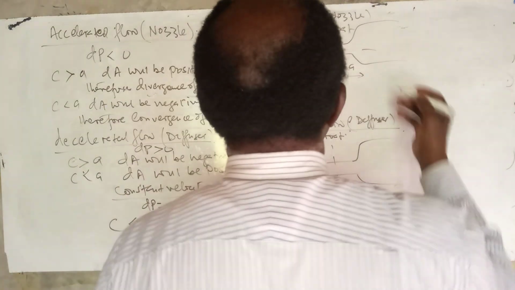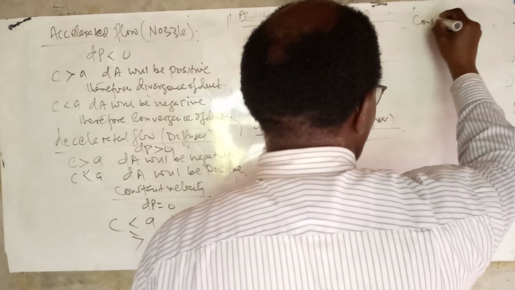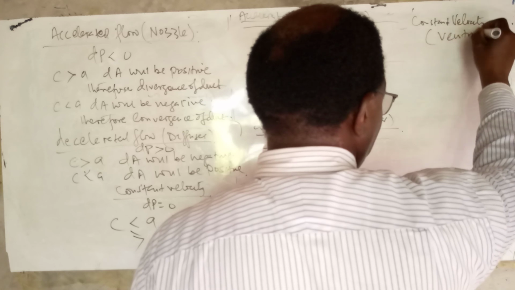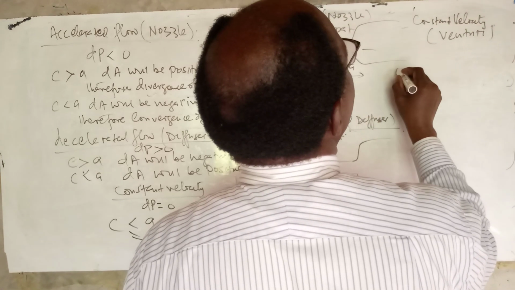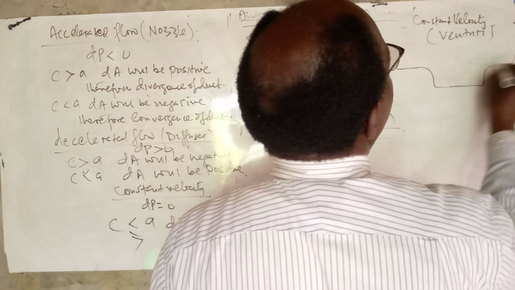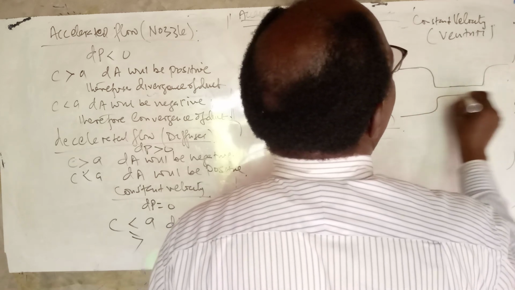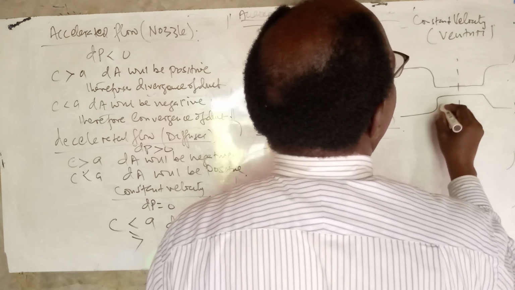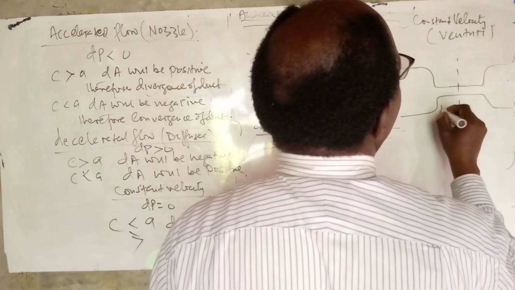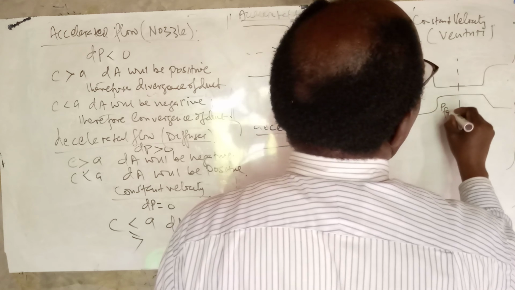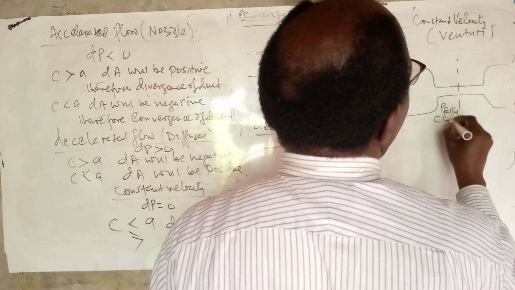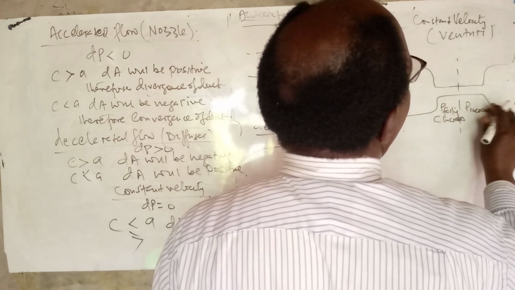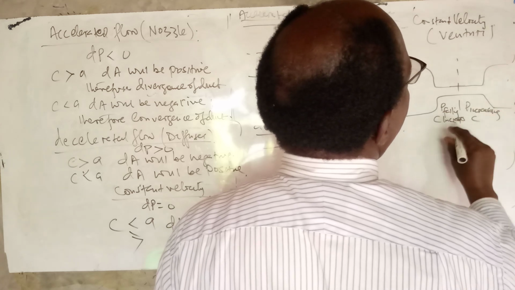In the case of constant velocity, we have particular reference to a Venturi. Here we have again a schematic, so they are not accurate diagrams. C increases as P falls, and P increases as C falls.